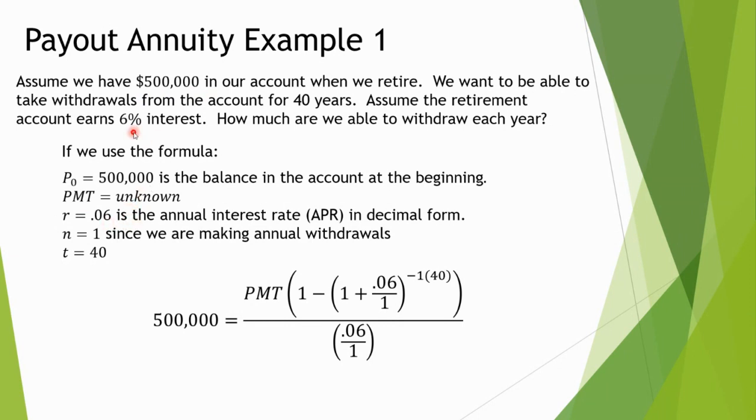That's our APR, as a decimal. n is 1, because again, we're taking out one withdrawal each year. So it's going to be compounded once per year, and it's 40 years. So here's our formula. All I did here was I took the parameters and I plugged them in. And now we want to know what PMT is, right? So we have to solve for that.